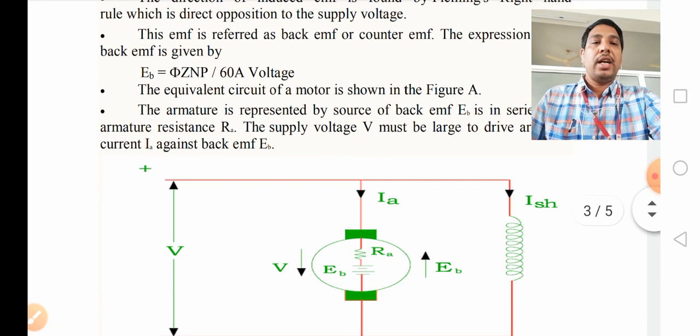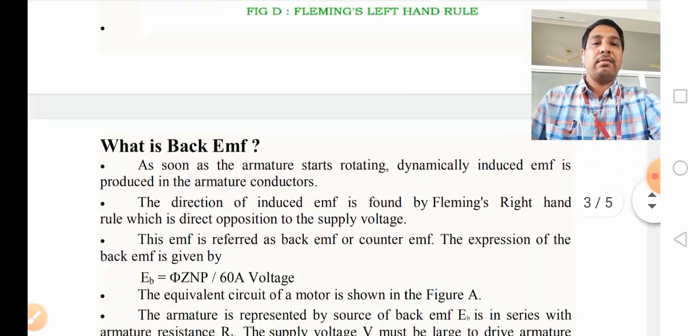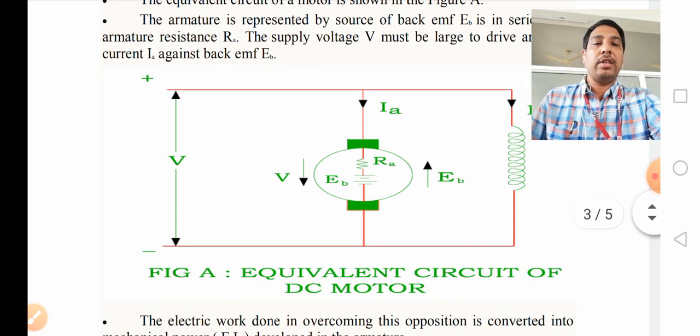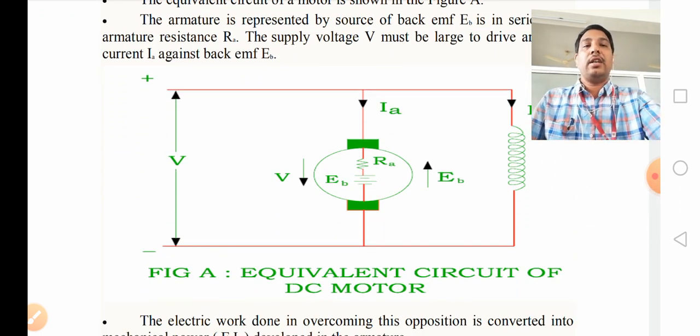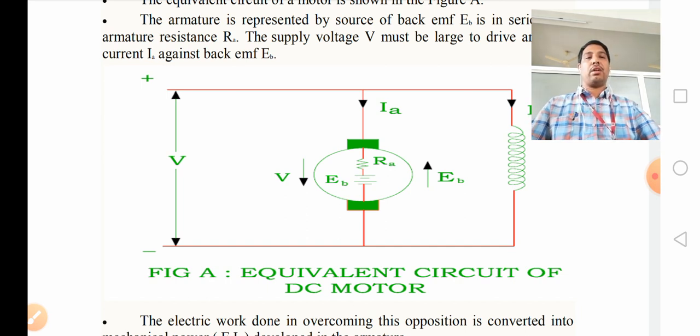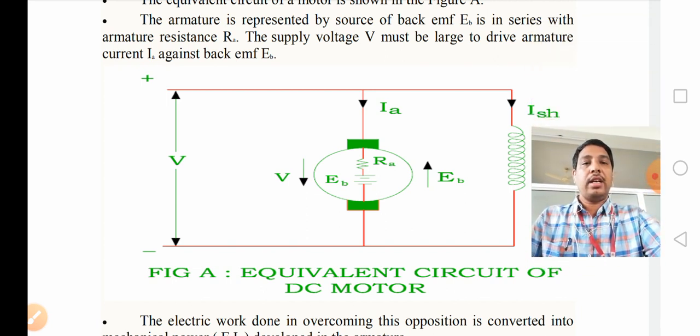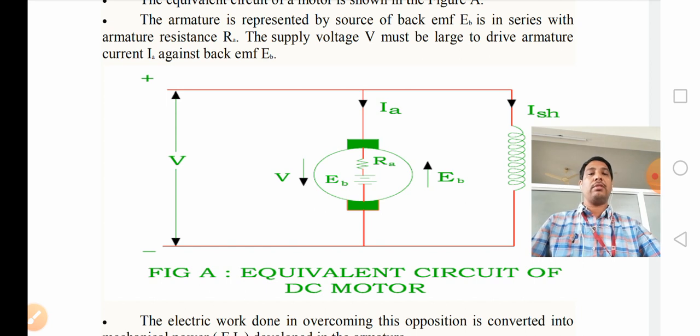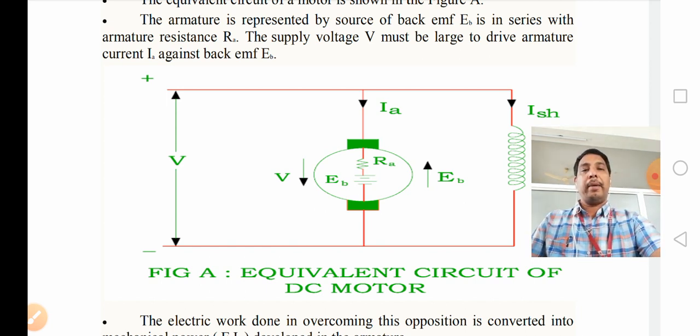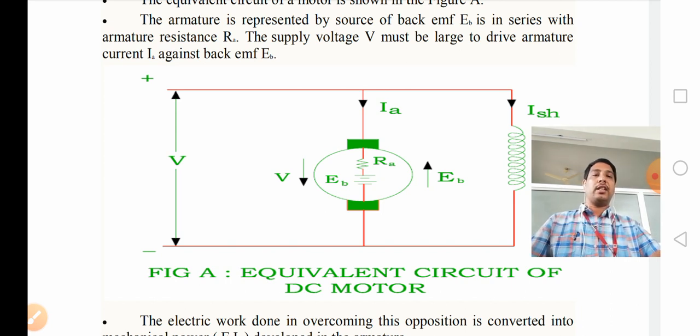In this diagram, the equivalent circuit of the DC motor is represented, similar to how we developed it for the DC generator. If you consider EB, the back EMF, and the supply voltage, both are in opposing directions.